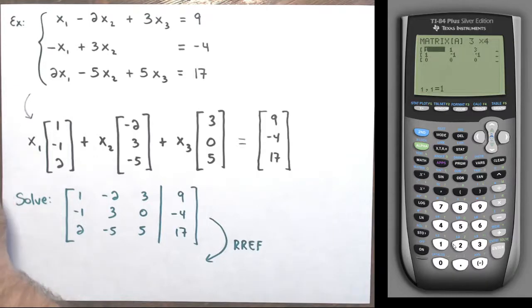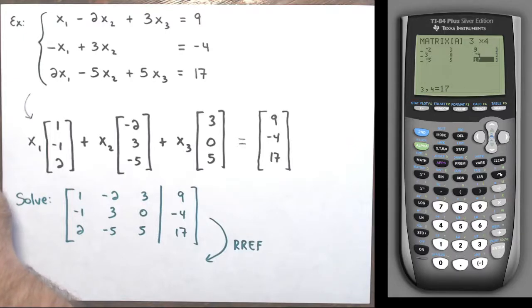And put in all these entries: 1, -2, 3, 9 for the first row, -1, 3, 0, and -4 for the second row, 2, -5, 5, and 17 for the third row.